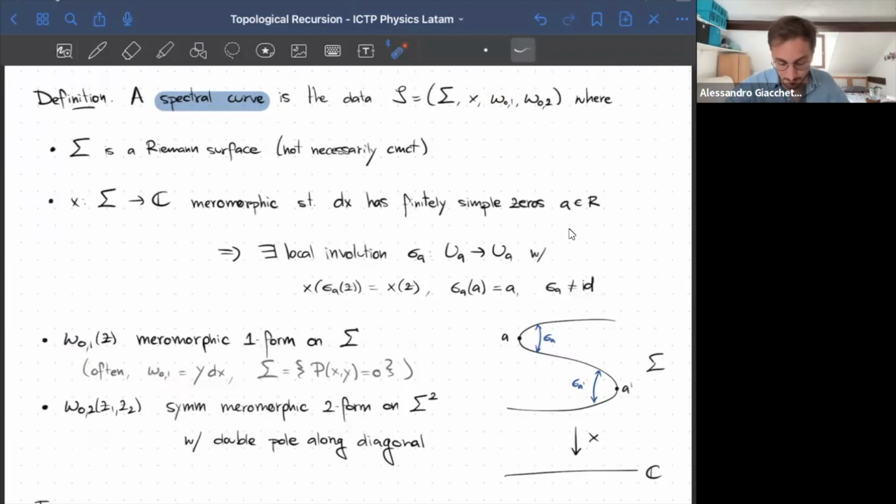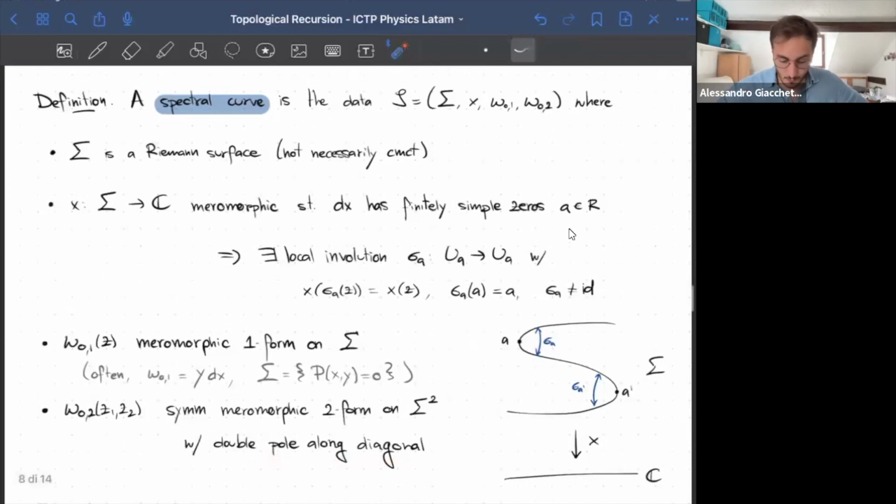And sometimes this sigma will actually be given as the set of zeros of an algebraic expression relating x and y. And in this case, x and y will just be the two projections from this curve that lives inside C times C. And finally, omega 0,2 is still part of the data, and it's a symmetric meromorphic 2-form on sigma cross sigma with a double pole along the diagonal.